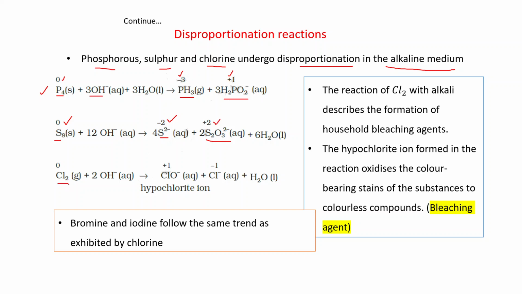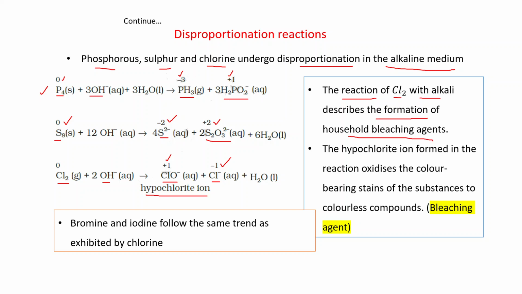In the same way, Cl2 in alkali will give ClO minus, that is the hypochlorite ion, and Cl minus, that is the chloride ion. In the hypochlorite ion, the oxidation number of Cl is +1, and in Cl minus, the oxidation number is -1. So we can say the reaction of Cl2 with alkali describes the formation of household bleaching agents.